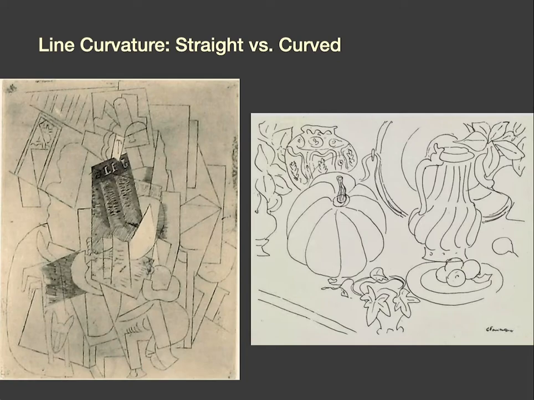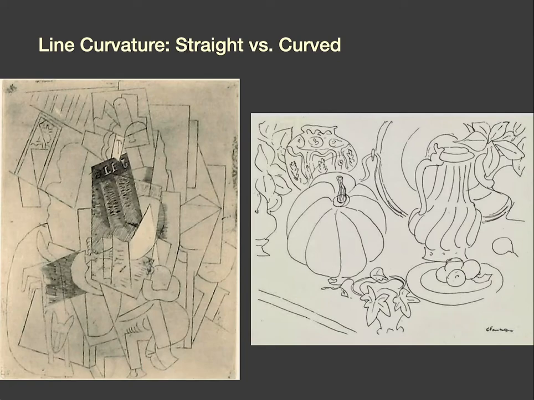Here on the screen, you see two artworks with very similar subject matter. A still life drawing on the left by Picasso and a still life drawing on the right by Matisse. They were even made at similar time periods in the early 20th century, but they have a very different sensibility. So if you look at Picasso's on the left, what kind of mood does it give you?